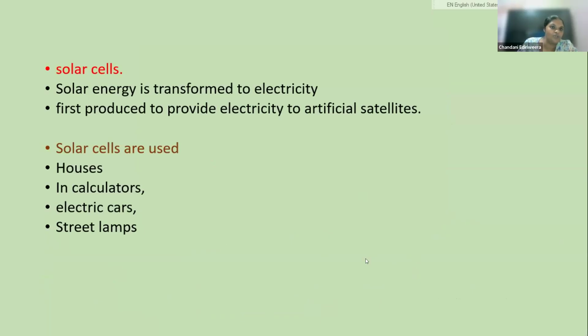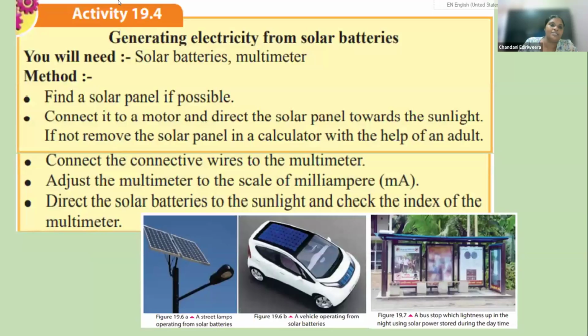Some of your houses also have solar cells, or solar cell powered bulbs, especially garden lights. Sometimes street lamps are powered with solar cells. Calculators, electric cars, some vehicles, even aeroplanes get electricity by using this.